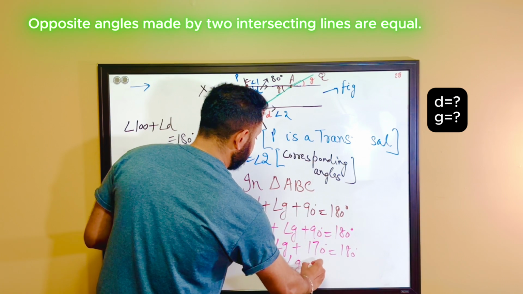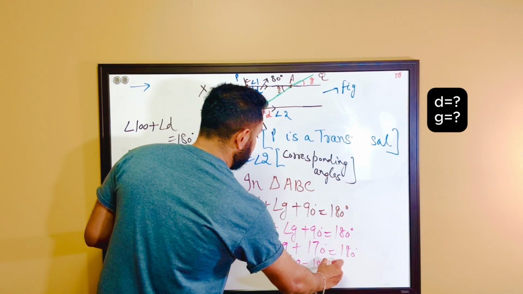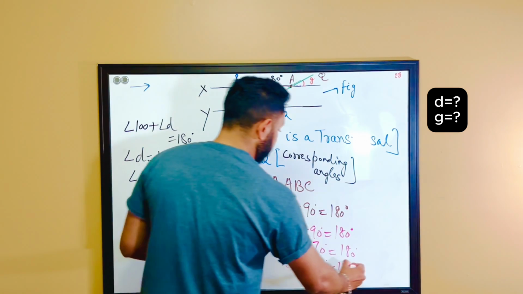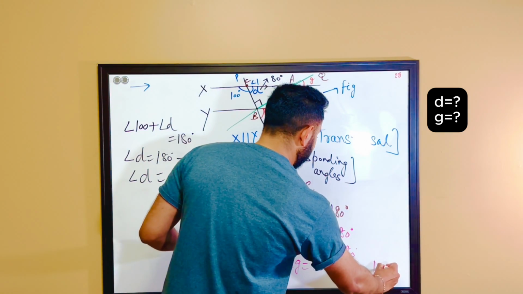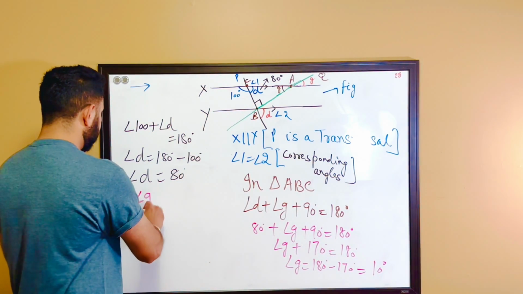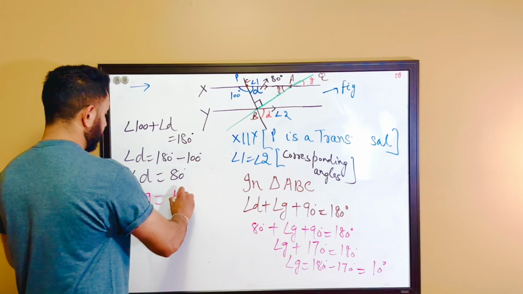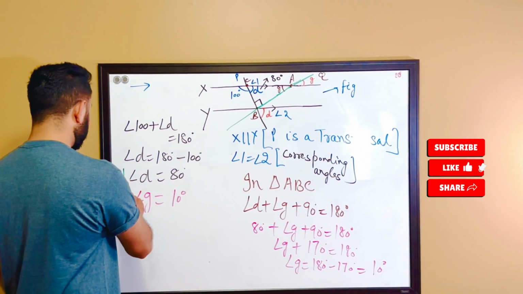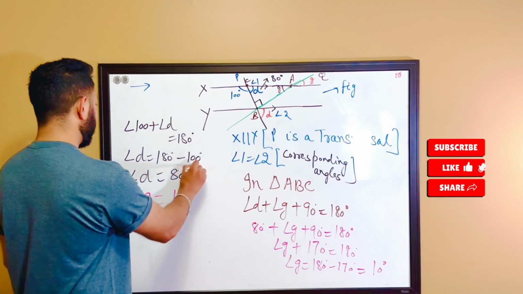So angle G is equal to 180 minus 170. So it comes out to be 10 degrees. So angle G is 10 degrees, and we already got angle D as 80 degrees. So these are the two angles that we were required to find out.